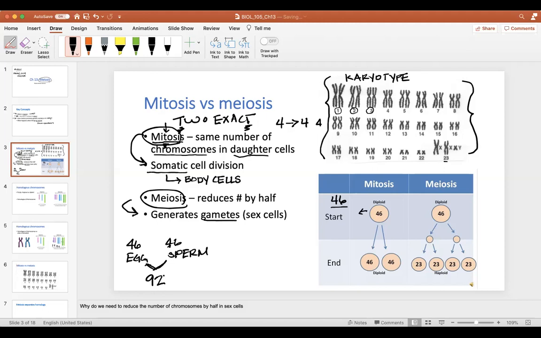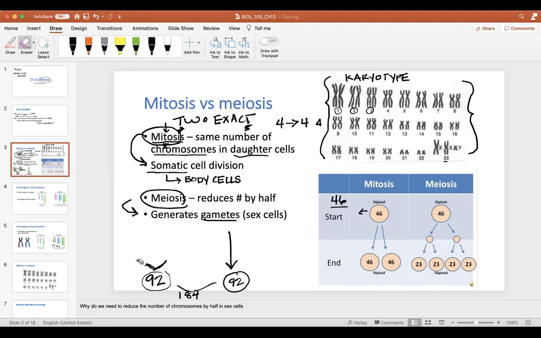Well, geez Louise, what if this 92 chromosome baby mated with another 92 chromosome baby and their egg and sperm fused? Then you would have, let's see here, 184 chromosomes. And you could go out and out and out and see that if you allow sperm and egg to maintain their original number of chromosomes, then you end up with crazy mutant babies with increasing numbers of chromosomes in each subsequent generation. That's not what happens.